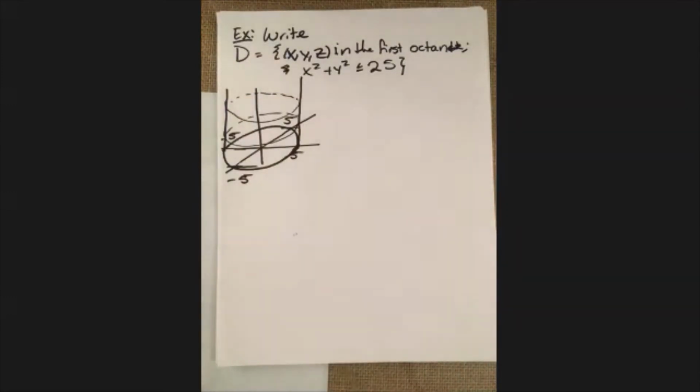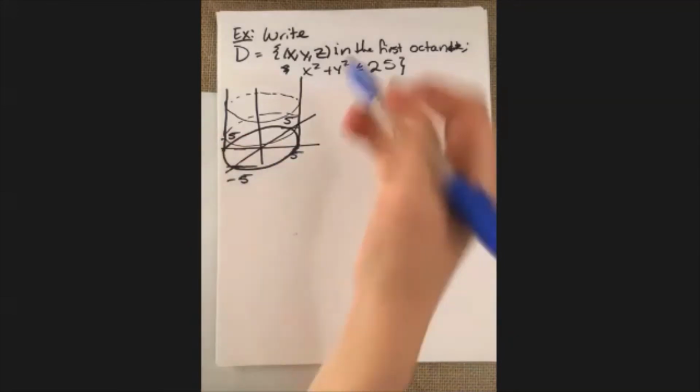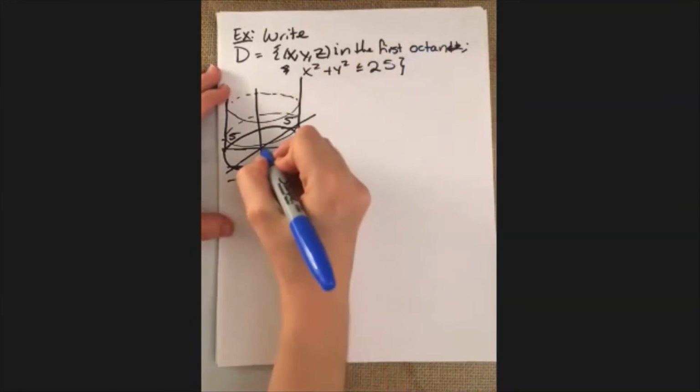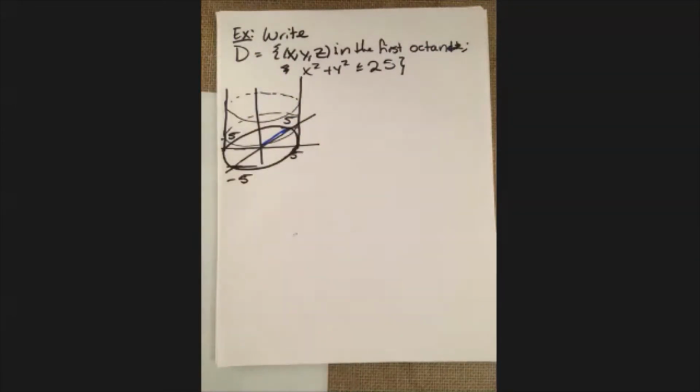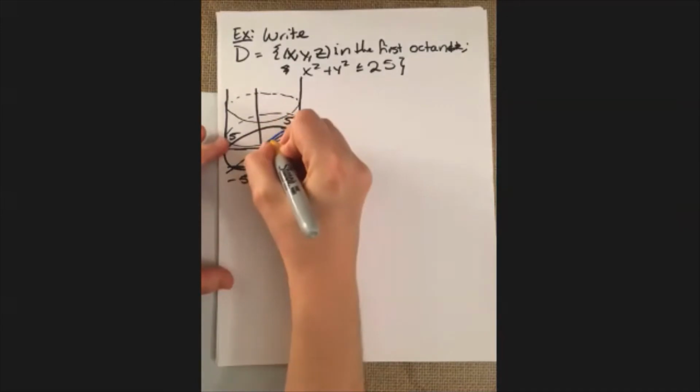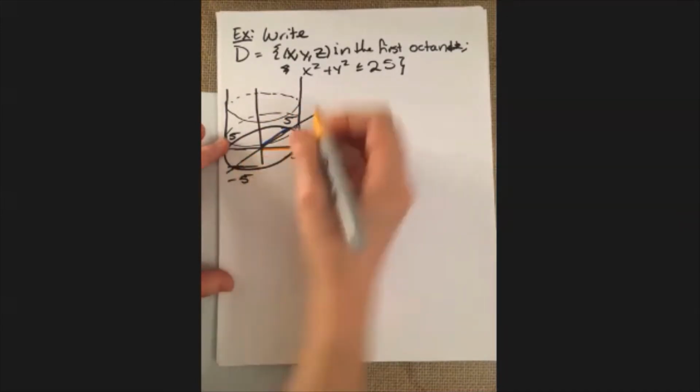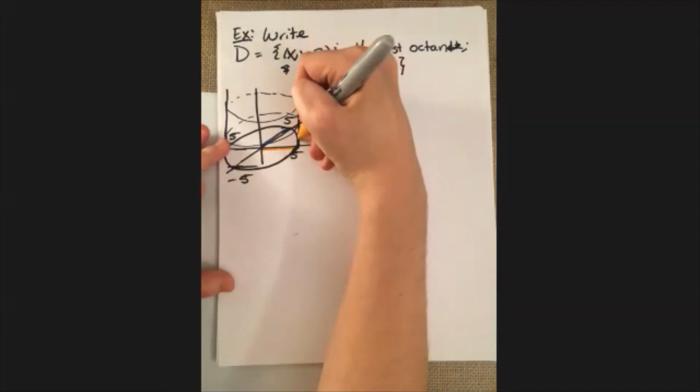That's a cylinder. Now, since we're working in the first octant, that means that the part that we are really interested in is going to be this segment right here where everything is, I'm going to use a brighter color, I will do orange. Everything will be positive, like so.